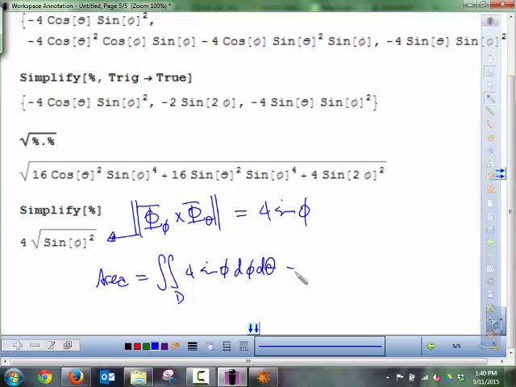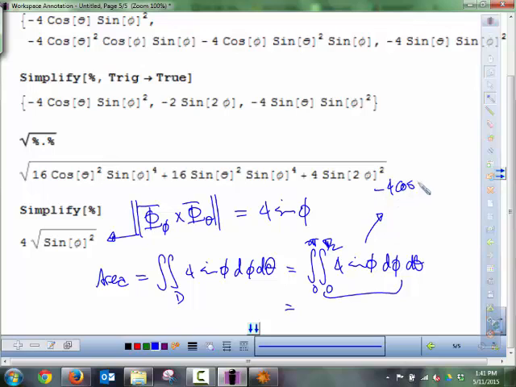And if you remember our D, phi went from 0 to pi over 2, and theta went from 0 to 2 pi. And so the 2 pi is a constant.